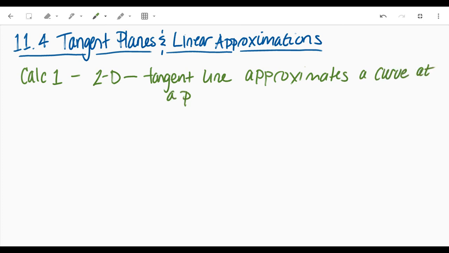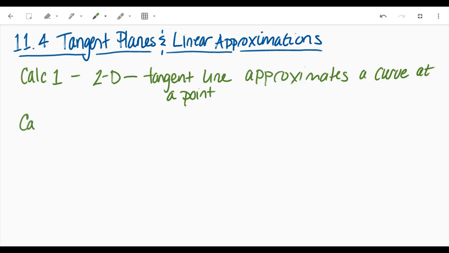It does a good job representing how that curve behaves near that point. But as you get too far away from that point, that tangent line does not become a great approximator, and you might need to find a different point to use.